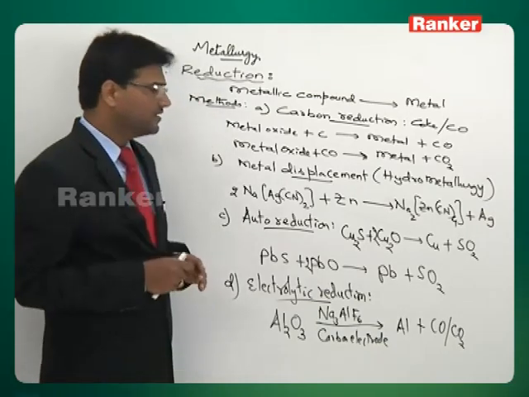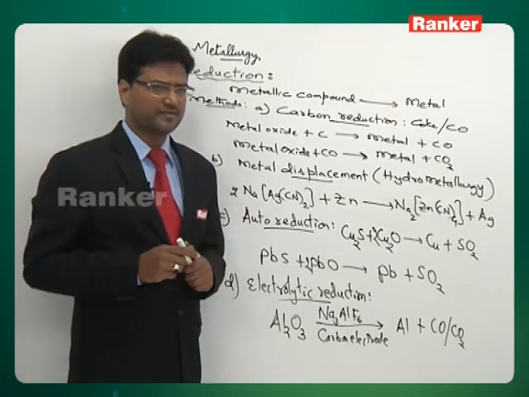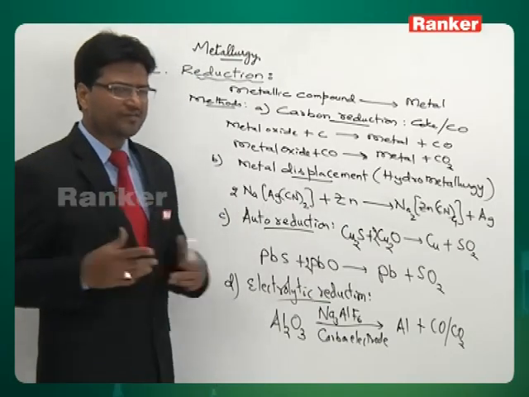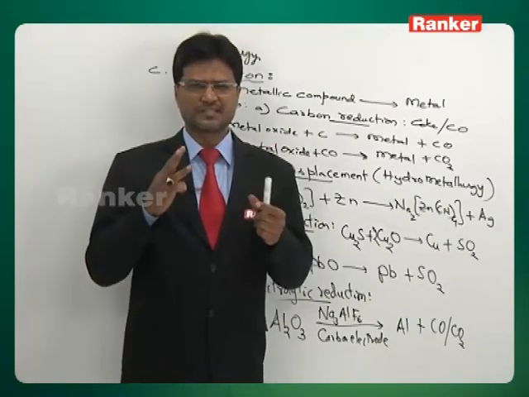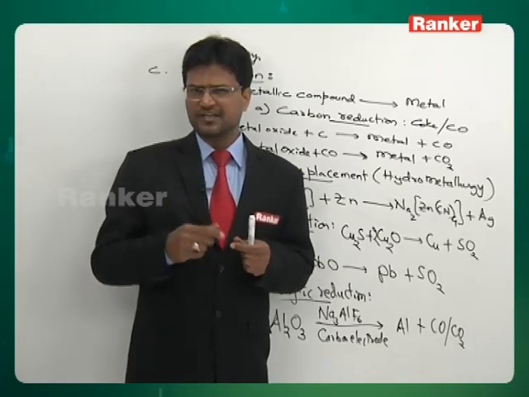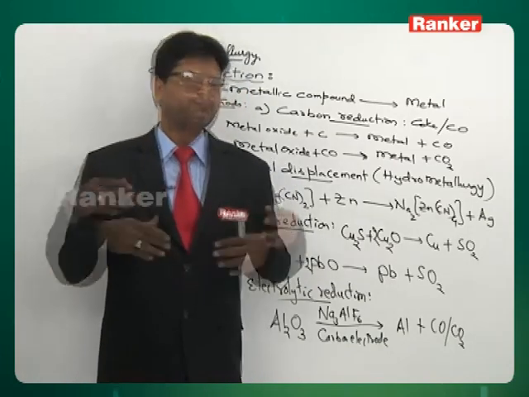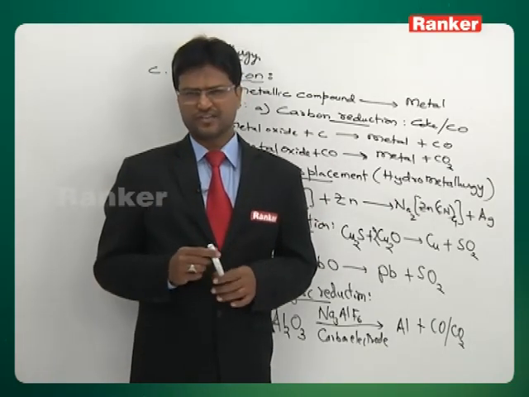This one, metal displacement, comes under hydrometallurgy. These two, A and C, belong to another type of metallurgy called pyrometallurgy. So based on the way you do reduction, you have three important types of metallurgy: pyrometallurgy, hydrometallurgy and electrometallurgy. If you reduce by passing electric current in the molten electrolyte, then it is electrometallurgy.